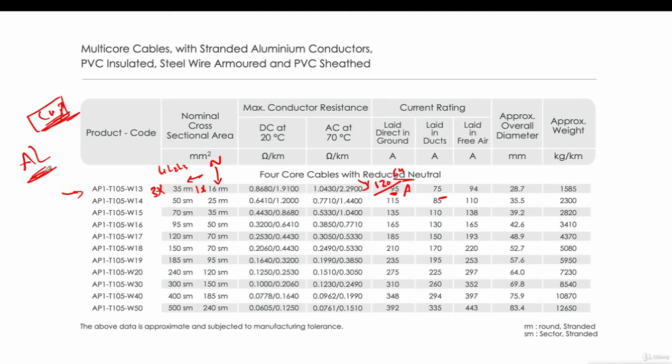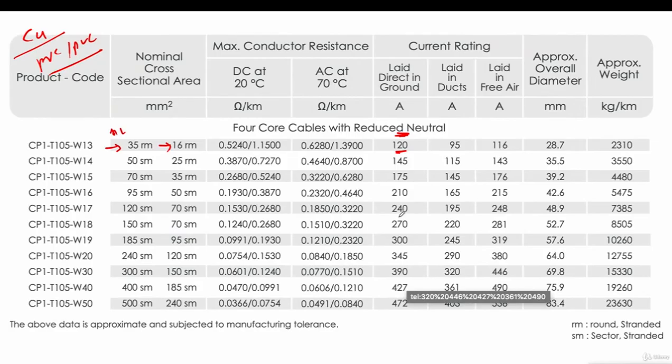Let's take a look at another cross section. For example, 120 square millimeters with reduced neutral, 70 square millimeters. If laid direct in ground, aluminum can load 185 ampere. Here you can see the difference.